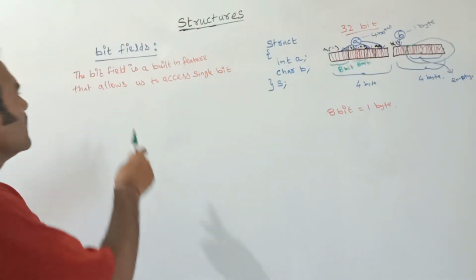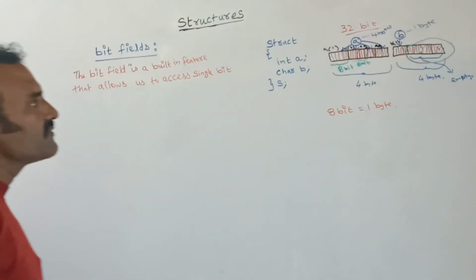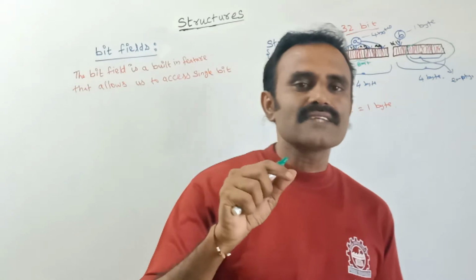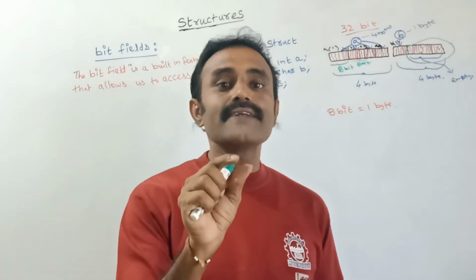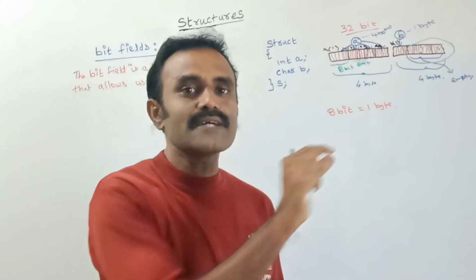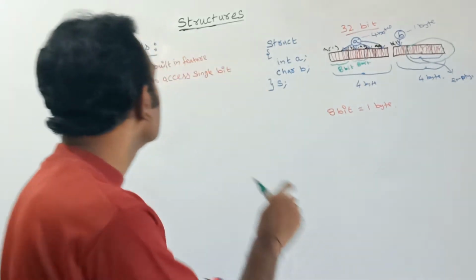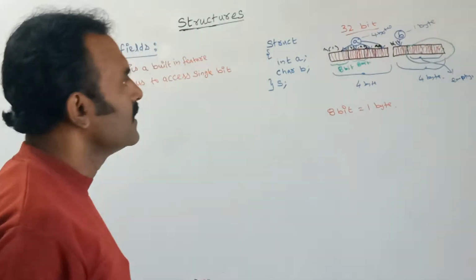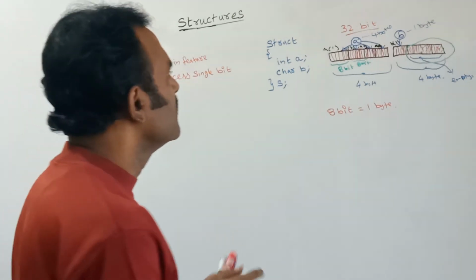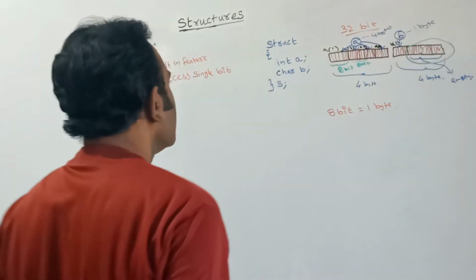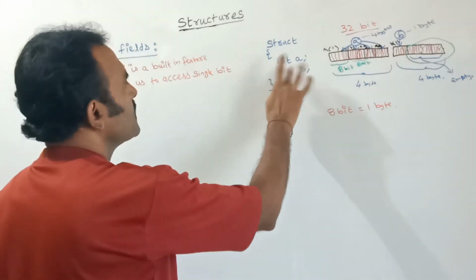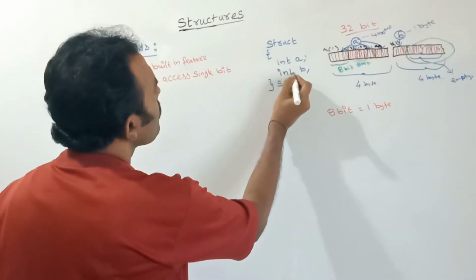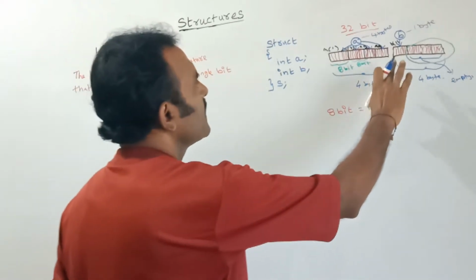Suppose we want to give access to or read some data bit-wise, or align the memory for the structure member bit-wise, then we can use this bit field. For example, suppose you create a second structure member also as an integer.